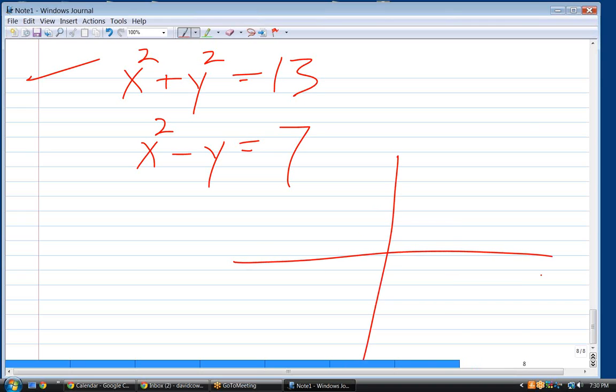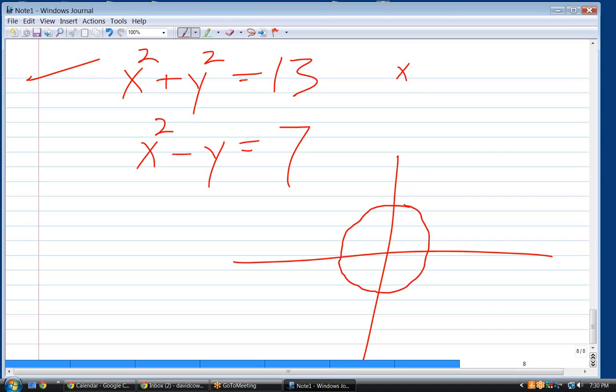So you need substitution. I know. We'll get to that, but what's that the equation of? x squared plus y squared equals 13. That is the equation of a circle at the origin with a radius of square root of 13.